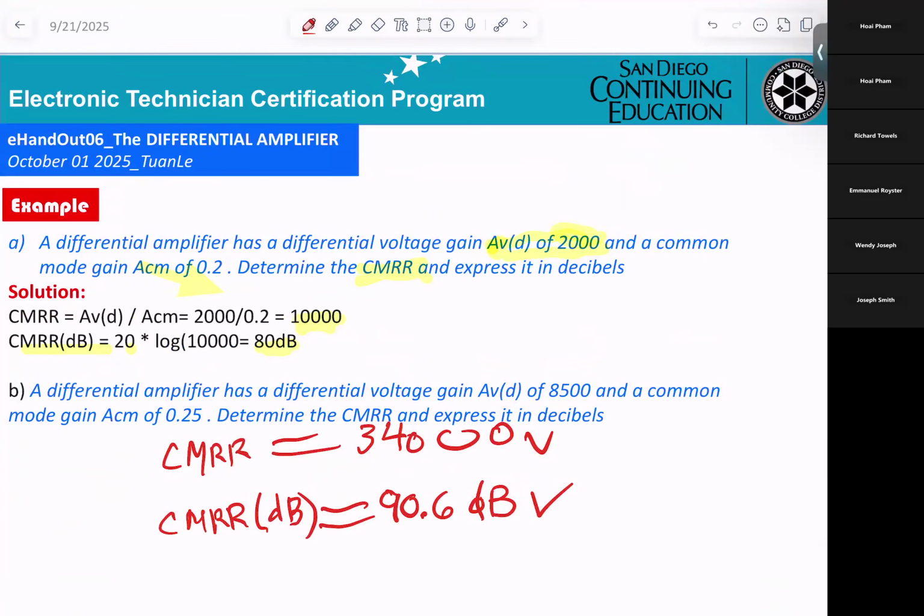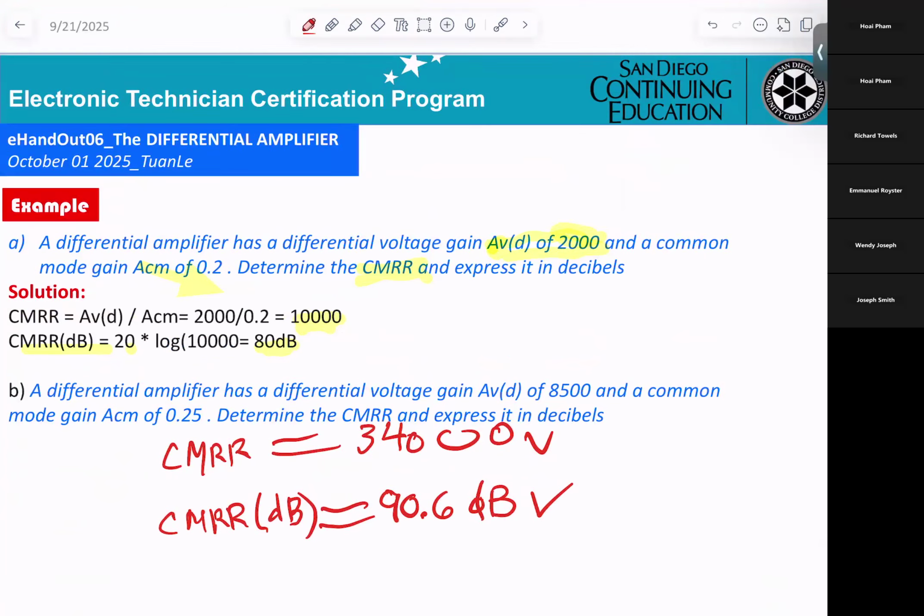The CMRR in dB, they want that number as big as it can go.